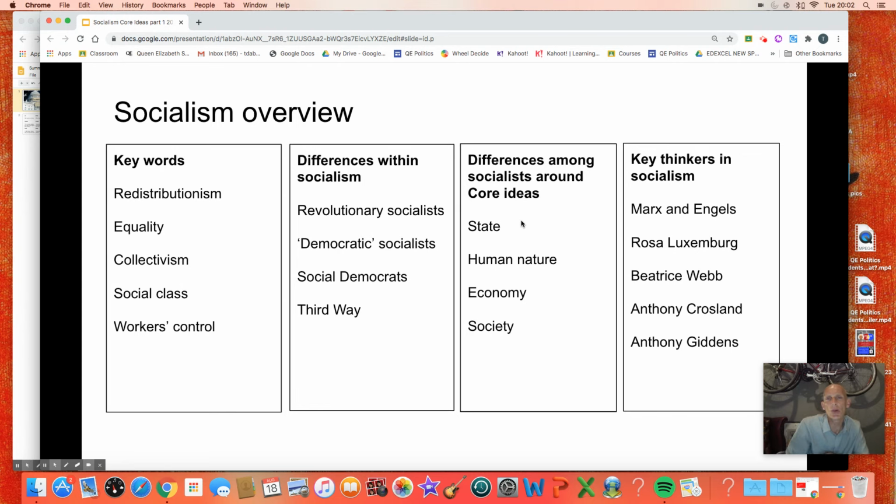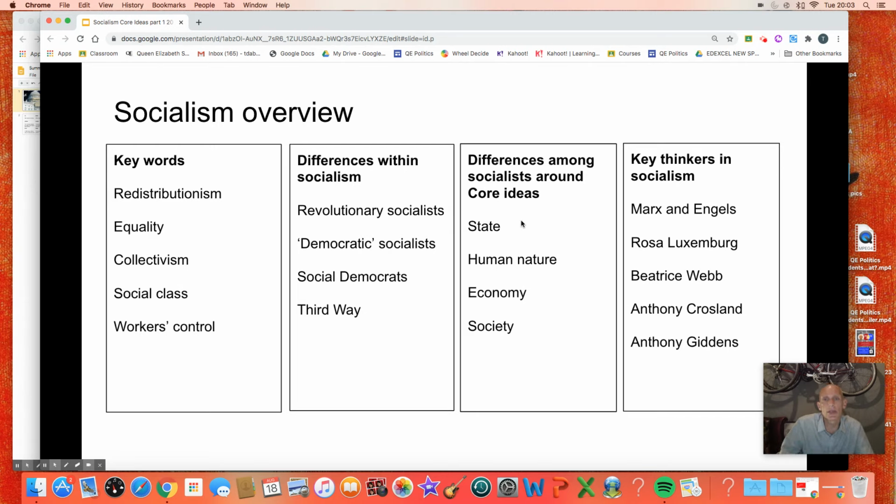Because when we're writing a 24-mark question, one of the things we're trying to do in the first paragraph is say, look, if it says to what extent do different socialists disagree about the role of the state, well, the first paragraph is going to be about all the ways in which they agree, and that question could be about the state, or it could be about human nature, or it could be about the economy and society. So our first 4 lessons here are going to be about ways in which they agree with each other, including today about human society.